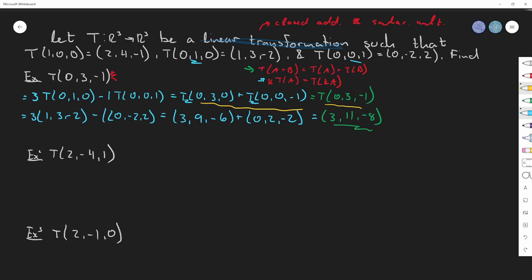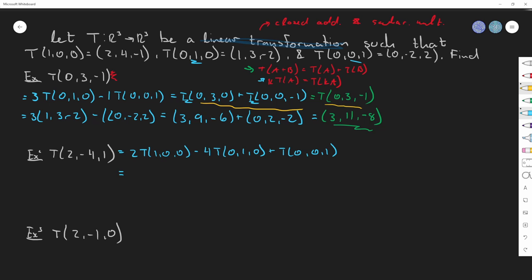So on example 2, T of (2, -4, 1) is the same as 2 times T(1, 0, 0) minus 4T(0, 1, 0) plus T(0, 0, 1).